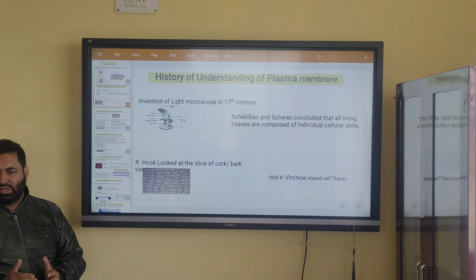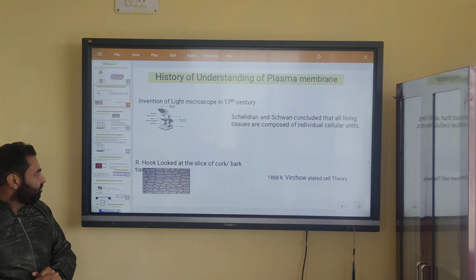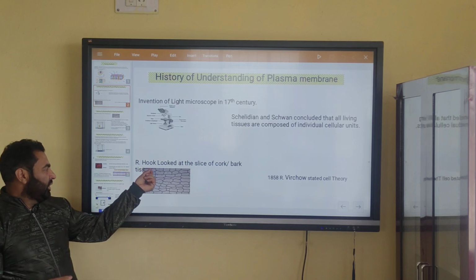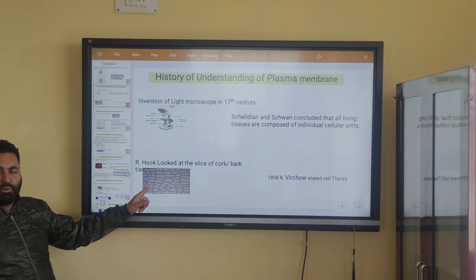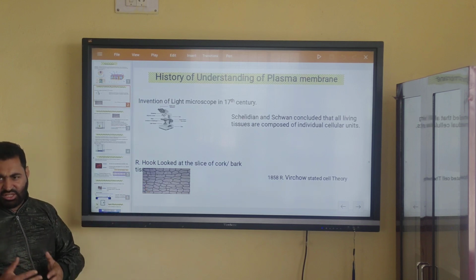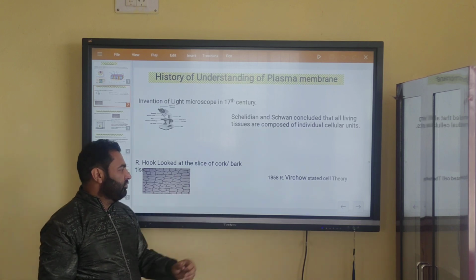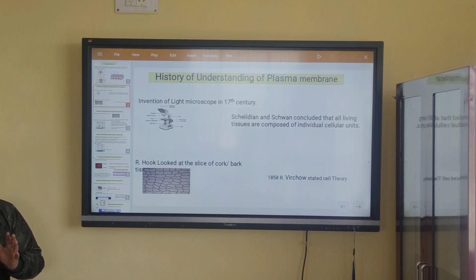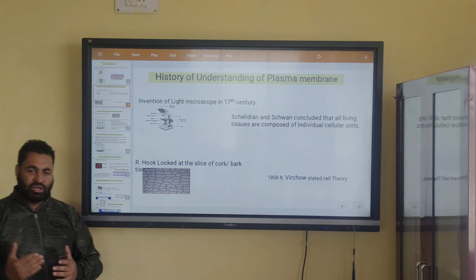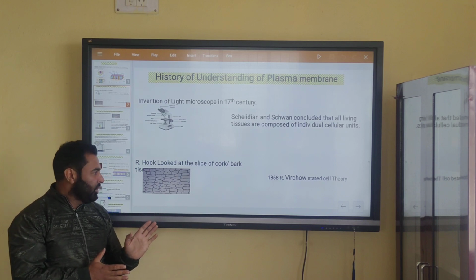They concluded simultaneously that all living tissues are composed of individual cellular units. Robert Hooke looked at a slice of cork or bark of the tissue, and he found this honeycomb-like structure, as we know about these things. Then in 1858, Virchow stated cell theory. According to cell theory, the cell is the basic structural and functional unit of any living tissue.